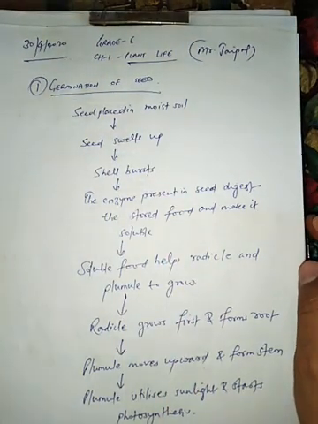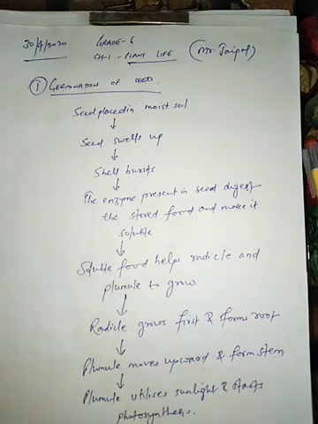Students, all of you have seen that from seeds, a baby plant emerges and grows into a new plant. That plant later on we can call herbs, shrubs, or trees. These are their different forms. Now, students, see, germination of seed requires different conditions.